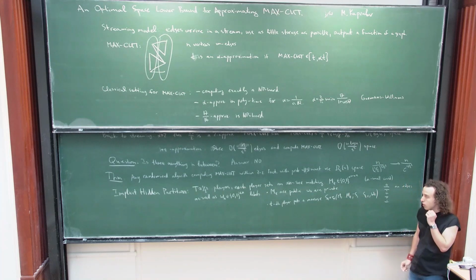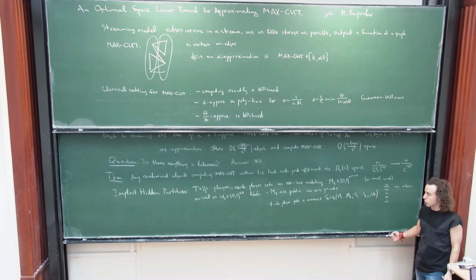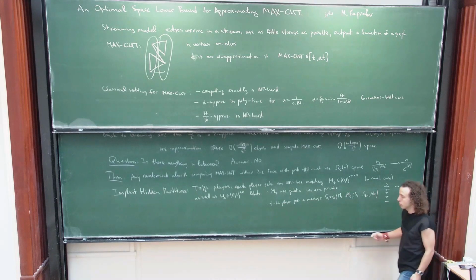So the rules of the game are that the last player wants to output yes or no, depending on whether there exists a bipartition consistent with labels.